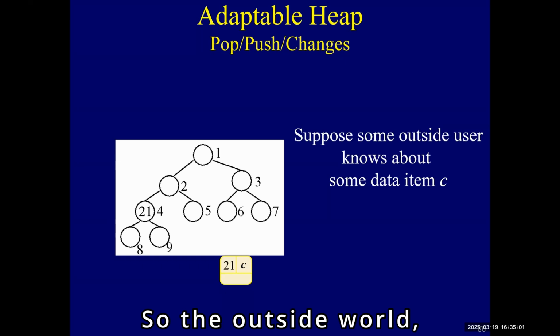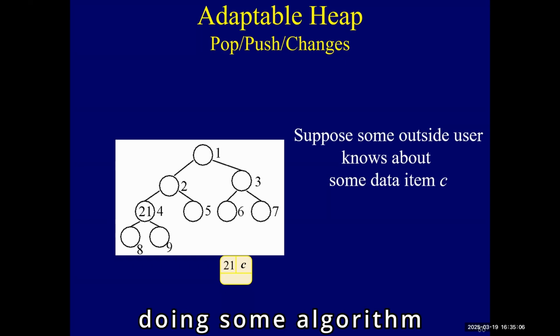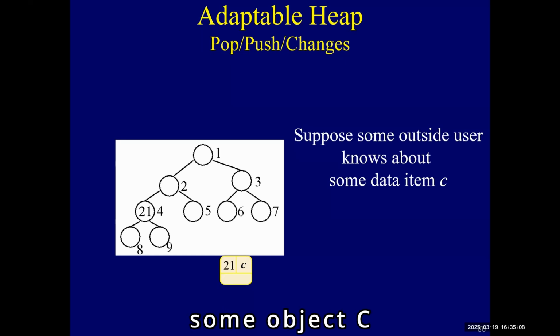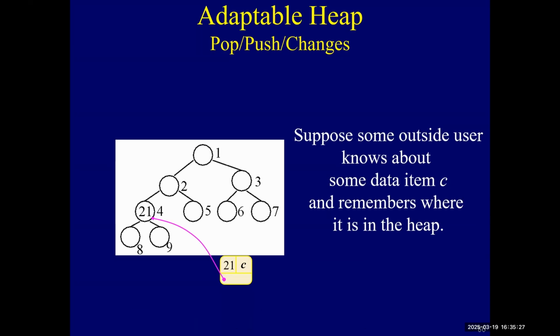So the outside world, let's say we're doing some algorithm where I have some object C, and I know it has priority 21. One thing I know about it is I store a pointer into where it is in the tree.